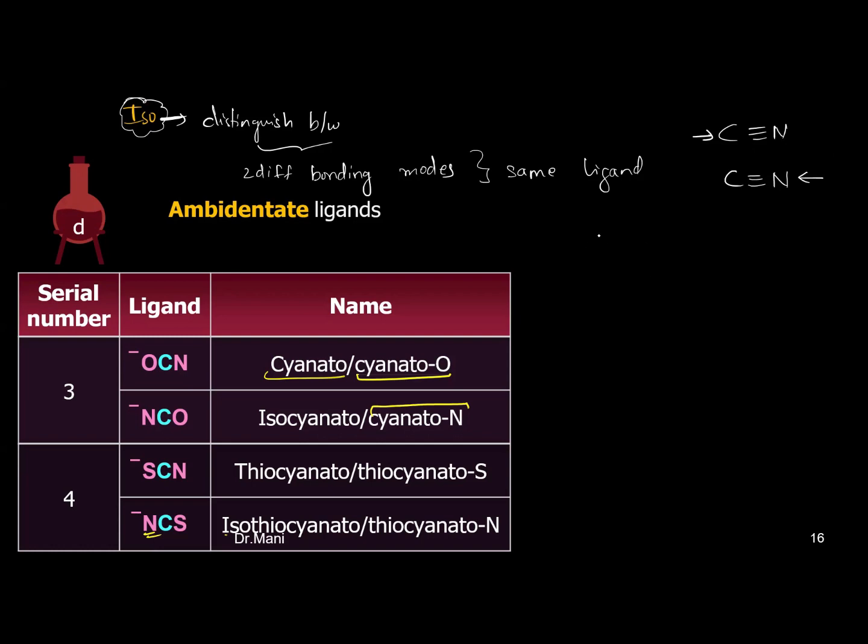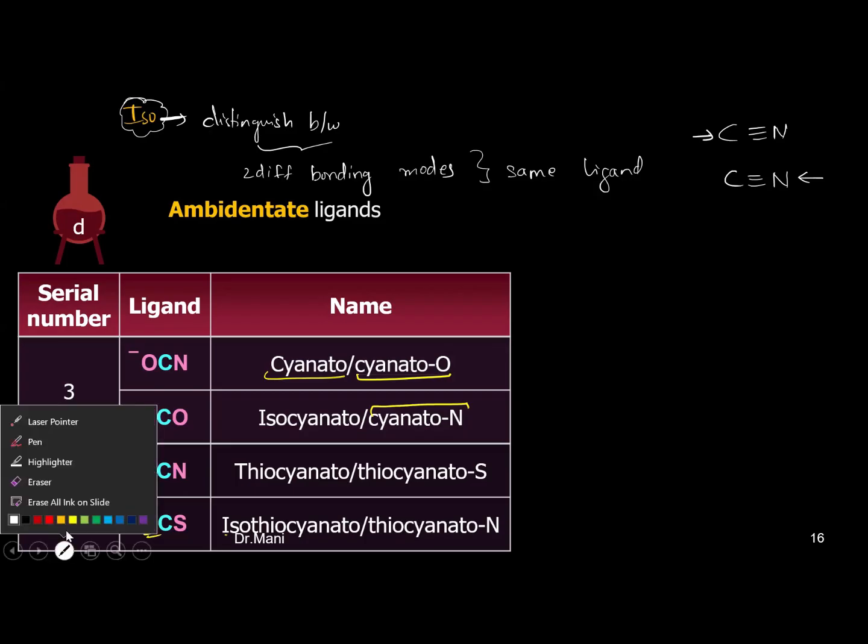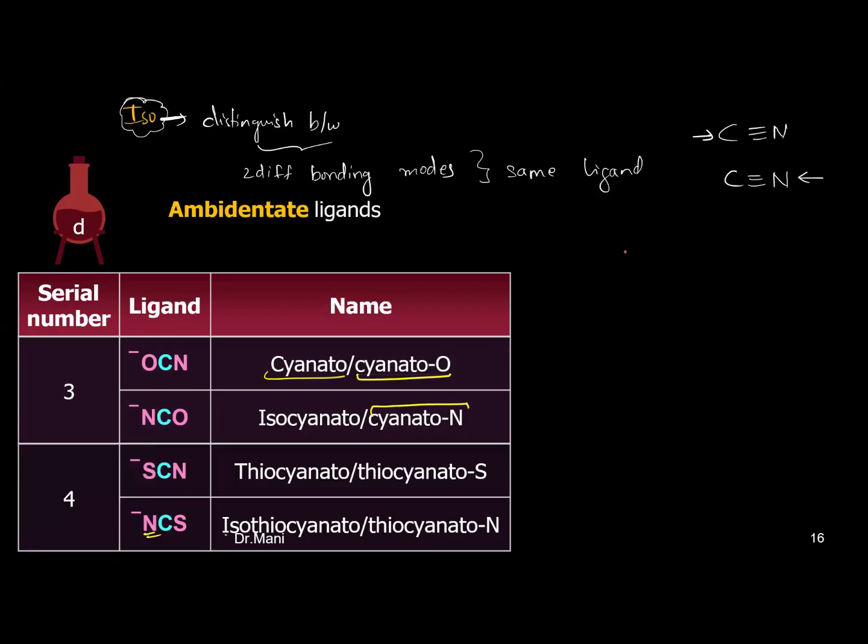Even you can see here, the SCN, where the bond is happening through the nitrogen atom, or you can say MNCS. One is this way, the other one is MSCN. So remember, here you can see there are two ways for SCN. One, the central metal atom is attached to the nitrogen, or the central metal atom is attached to the sulfur.